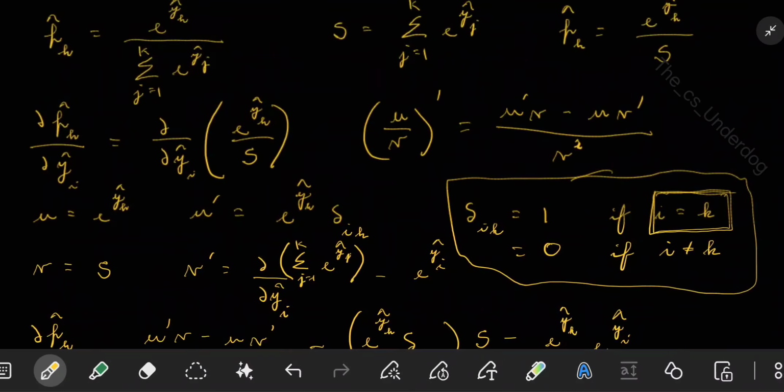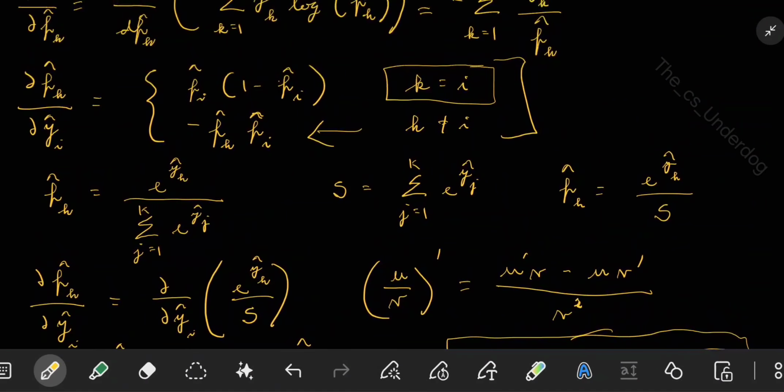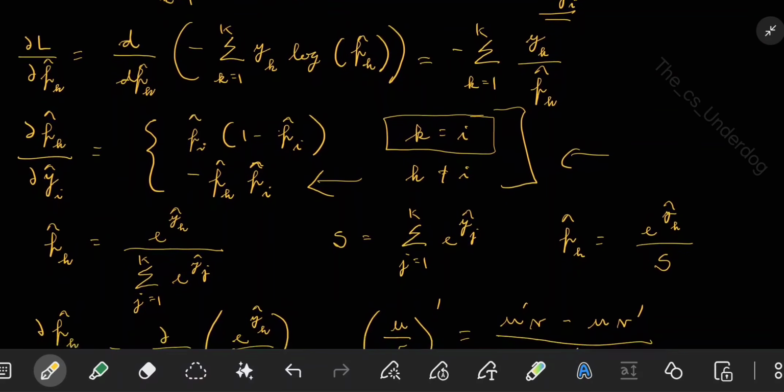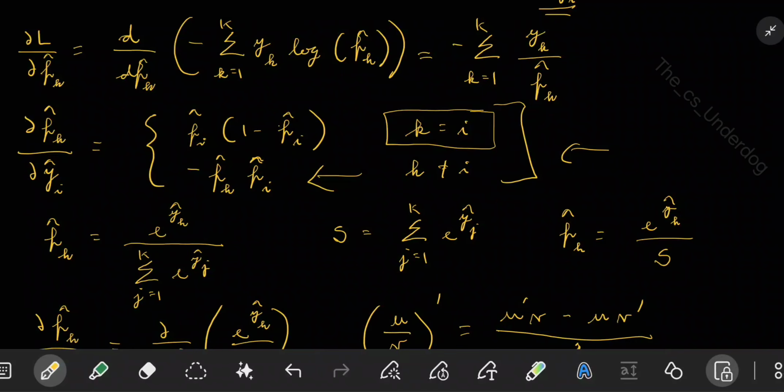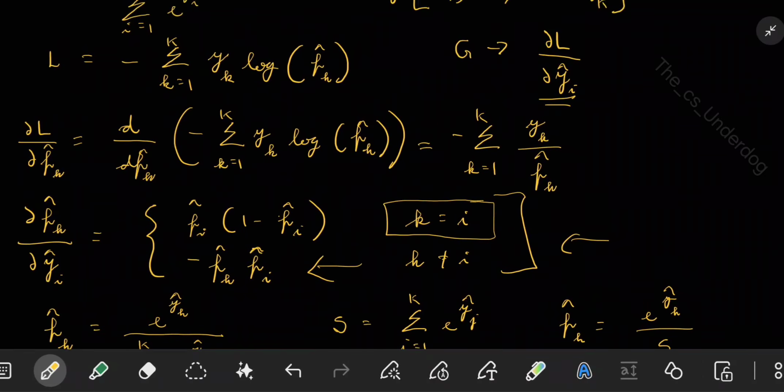Now let us continue with our derivation. In our derivation, where did we stop? We stopped at this point. We said that there are two parts. First part is, in order to find del L by del y cap, sorry, not this, before this is the loss.